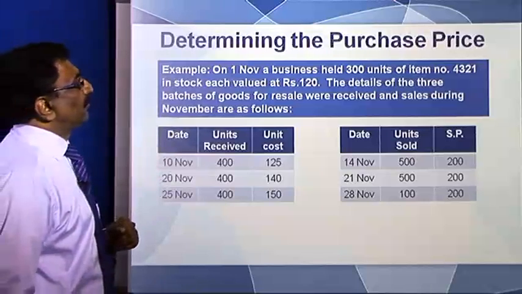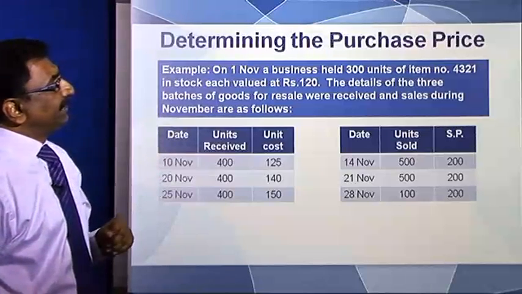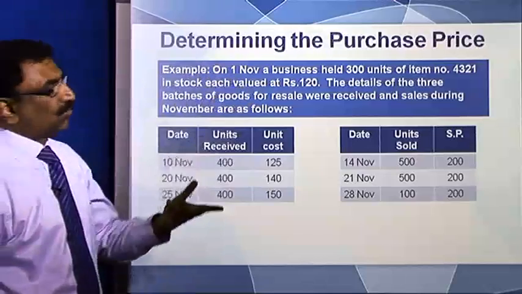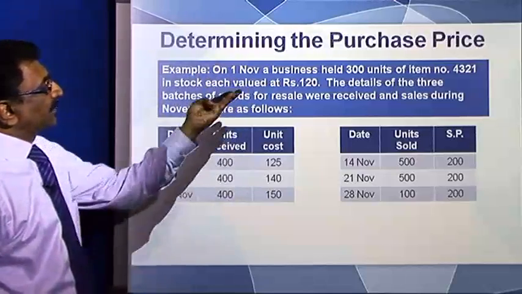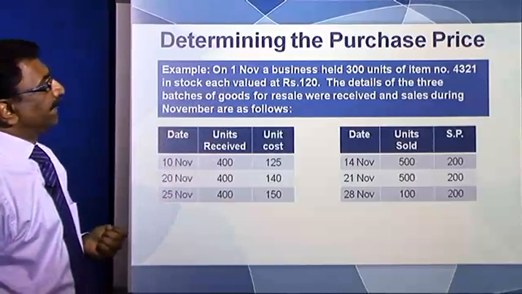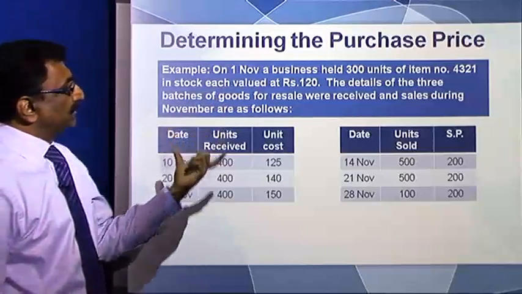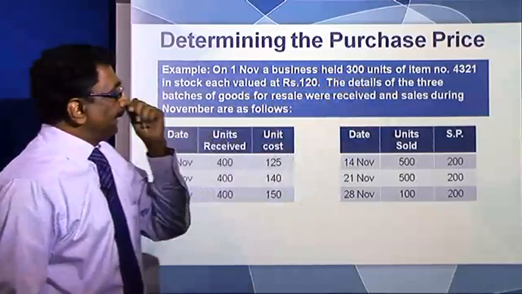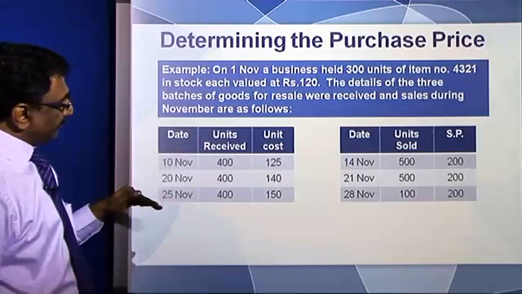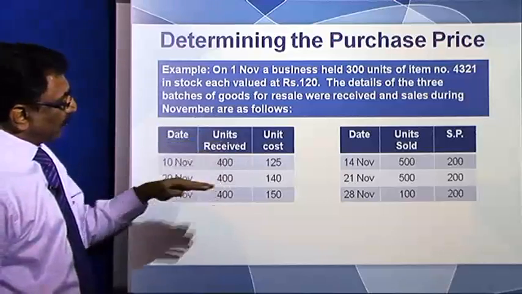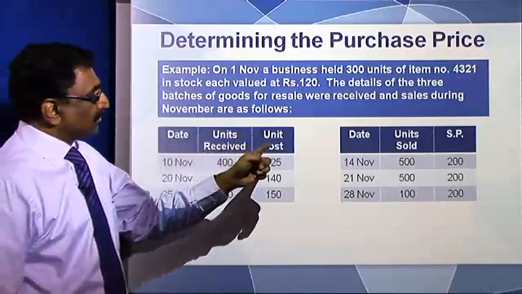Let us say on 1st November a business held 300 units of an item, internally coded as 4321, valued at 120 rupees. This was the initial stock they had at 120 rupees, and then they received, on 10th November, 20th November and 25th November, 400 units each, but the costs were different.